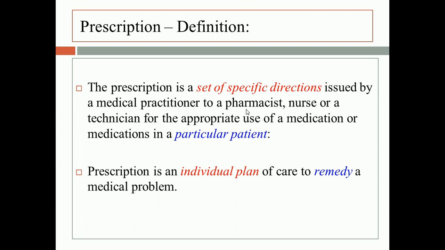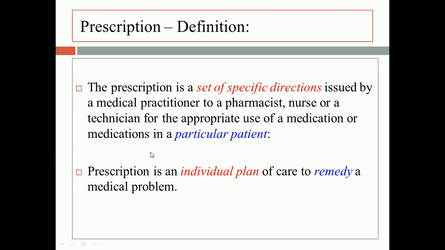A clinician or a medical practitioner takes these under consideration for a particular patient. For example, there are 2 patients with the same disease, but the prescription might not be the same. There might be comorbidities which must be taken under consideration.